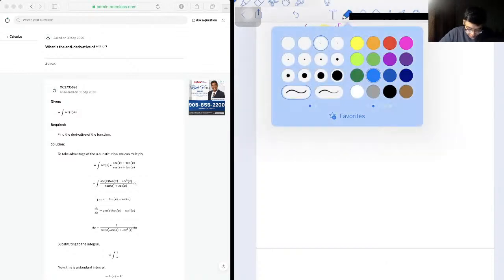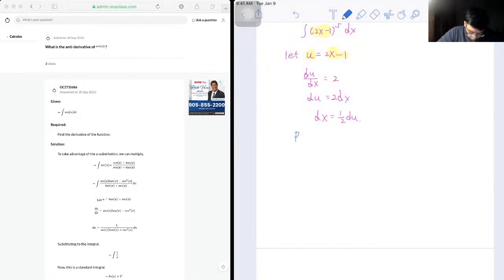I'll just write this down. Replace 2x minus 1 by u and write dx in terms of du.